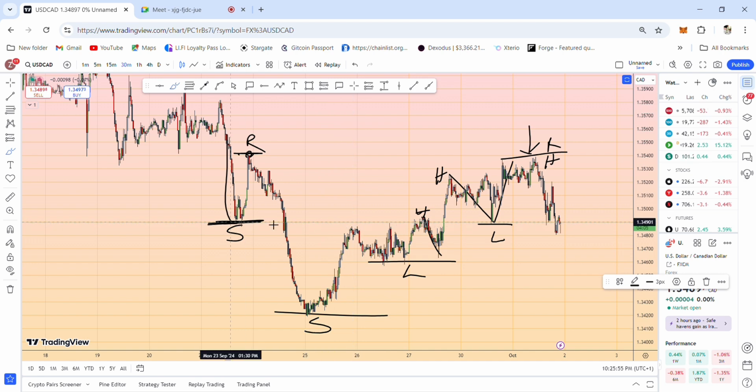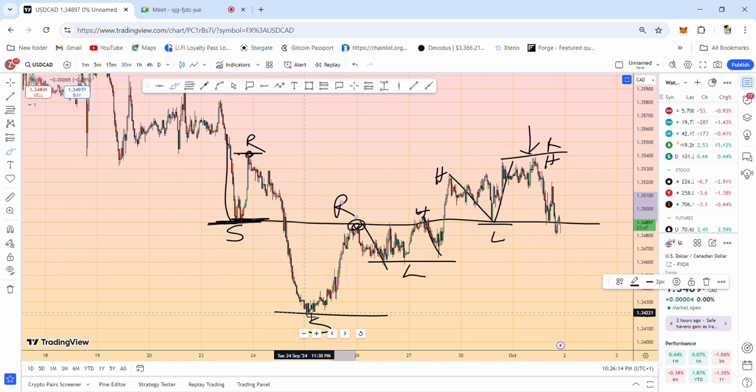Now you see that this previous support, if you extend the line, price reacted here. Price sold when it got to the line, so this support has now turned to resistance. Initially, when price got to that level, it bought, but then it sold below the area. So price is now trying to go above the levels, and you need enough buyers to come in for price to go further up.